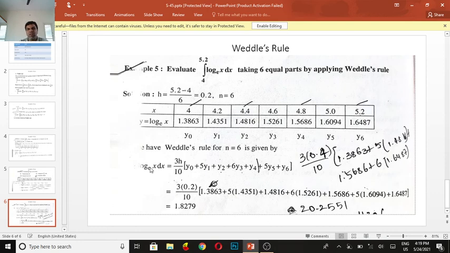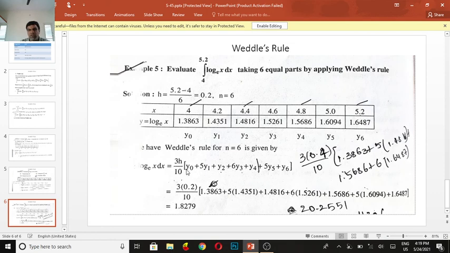Substituting into the formula, the integral from 4 to 5.2 of log x base e dx should be equal to 3h divided by 10 of y0 plus 5y1 plus y2 plus 6y3 plus y4 plus 5y5 plus y6. So h is 0.2.